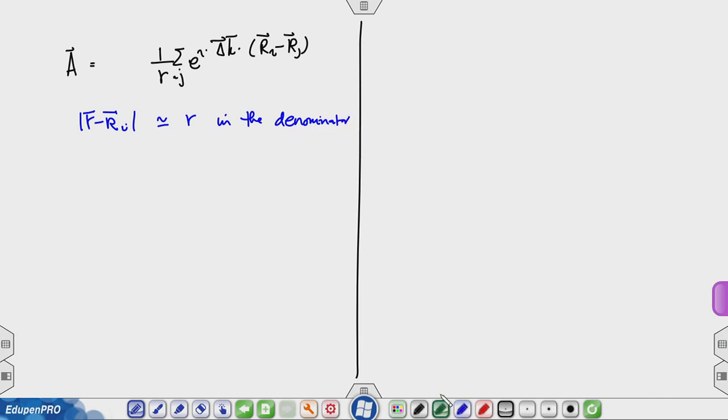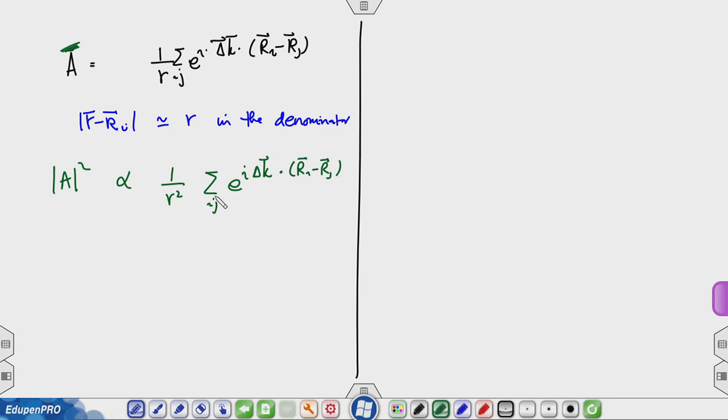So, mod A squared is proportional to 1 over r squared summation e raised to i delta k dot (r_i minus r_j).